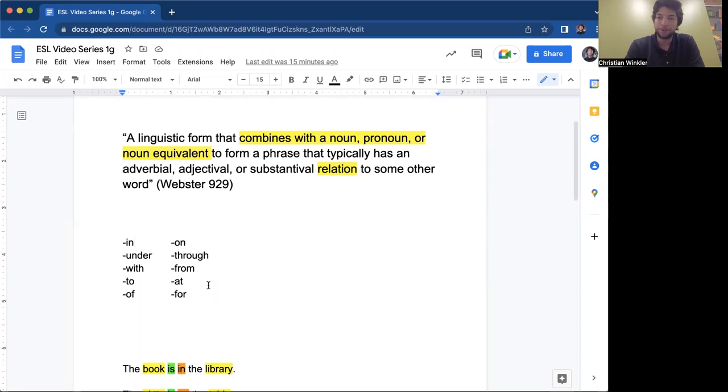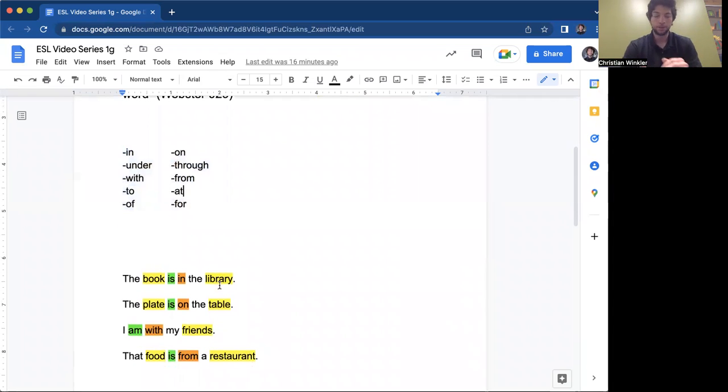And these are by no means a comprehensive list, but just some of the most common ones that you'll see. Also, I chose ones that are just one word, but you'll see a lot of times prepositions will be mixed together to make new prepositions. But I went with some of the most simple prepositions for our examples.